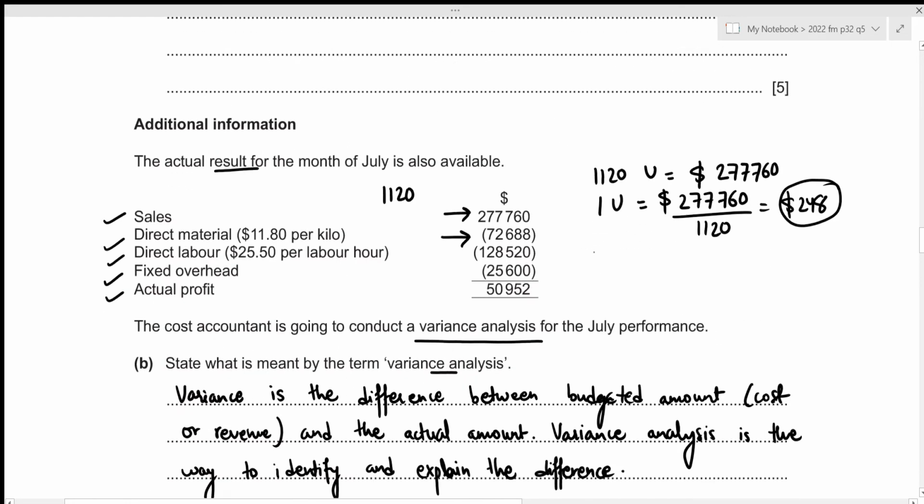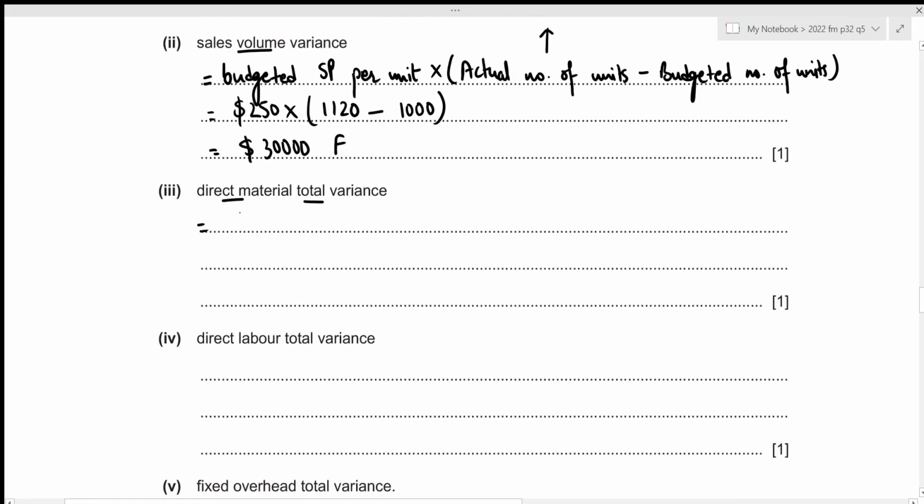So let's just figure out its difference. The greater one was 72,688, and then from the flex budget, we figured it out to be 67,200. And this gives our direct material total variance the value of 5,488.